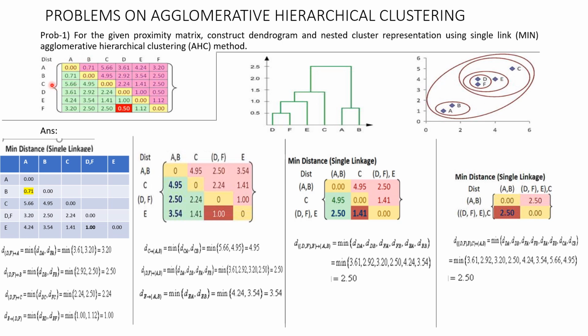That is because the distance from C to A is equal to the distance from A to C. So actually you need not compute both the lower diagonal and upper diagonal elements. You can compute either one, because if you calculate any one of them, the rest is the same. Anyway, this matrix will be given for you.